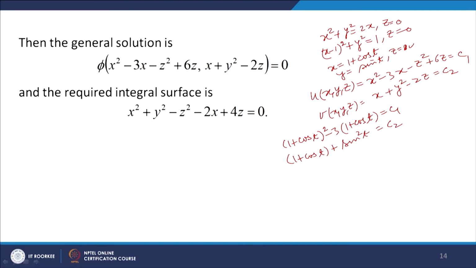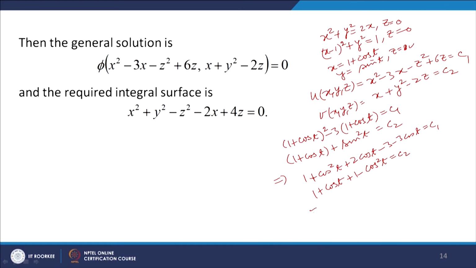Now, let us square 1 plus cos t. So, this gives you 1 plus cos square t plus 2 cos t minus 3 cos t equal to C1 and here we get 1 plus cos t plus 1 minus cos square t equal to C2.